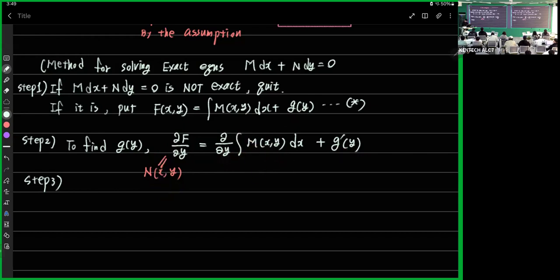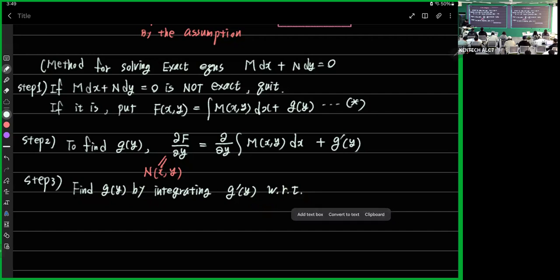So this is the only unknown. Okay. So we take the integral. Find g of y by integrating g prime of y with respect to y. WRT means with respect to.